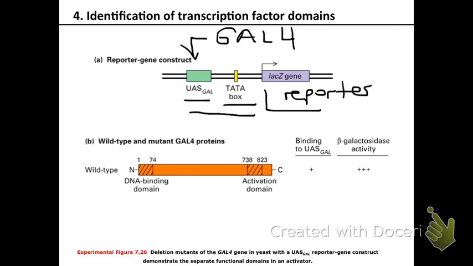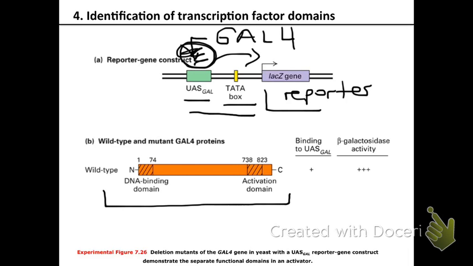And then in the same cell, you're going to express different versions of the GAL4 protein. As a positive control, that is a control where you should see the actual binding and the activity. Activity means transcription activation. This full-length protein should be able to bind to the UAS and activate transcription, right?